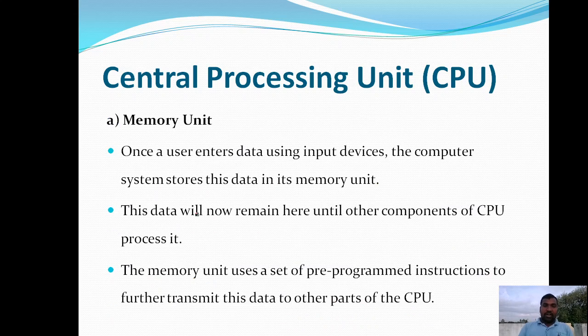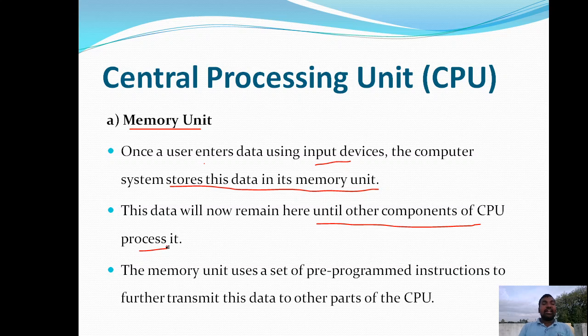So one of the components of the CPU is the memory unit. Once the user enters the data using input devices, the computer system stores this data in its memory unit. Whatever input is given by the user is stored in the memory unit, and this data remains here until the other components of the CPU process it.